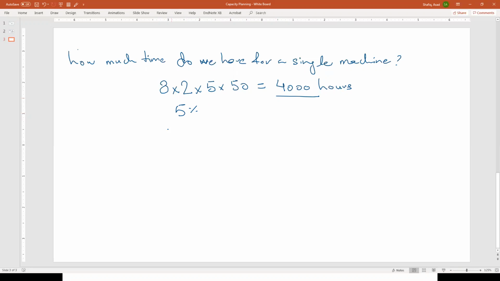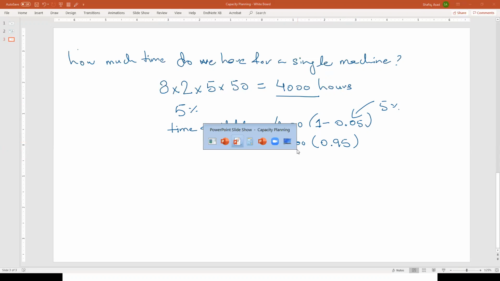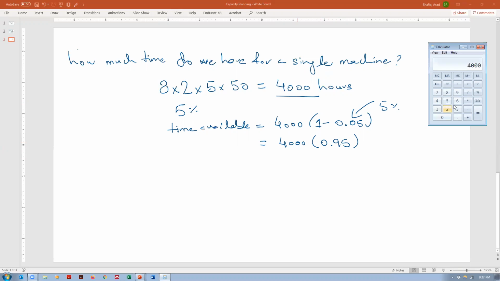So essentially the time available is 4,000 times 1 minus 0.05, which essentially is 95%. So we'll multiply 4,000 by 0.95, and I will need the help of a calculator for it.